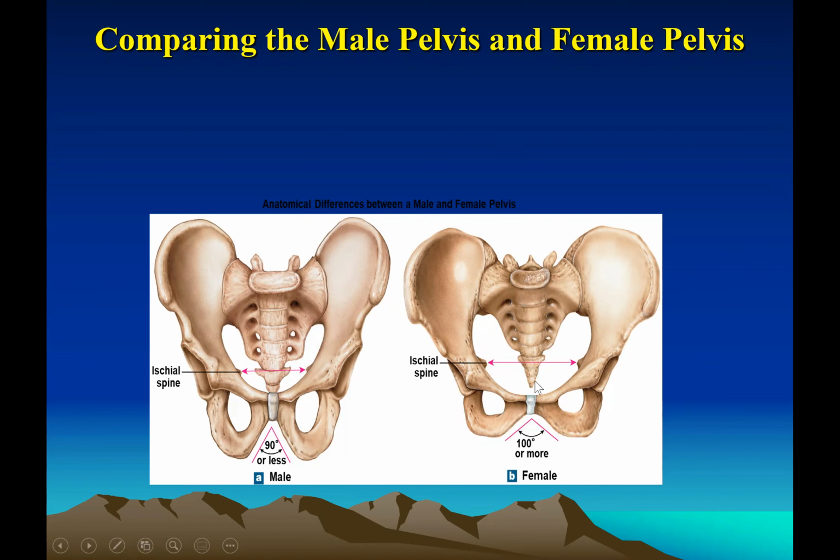Also, the sacrum and the coccyx are less curved, so the pelvis is much wider, broader, and low. So these are the main differences between the male and the female pelvis.